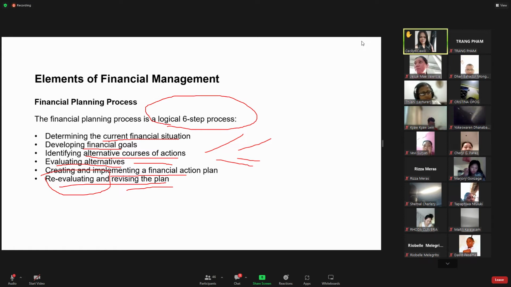After checking the financial situation, we develop the financial goals. Our goal is to become a medical center. After that, we identify all the actions that we need to do to become a medical center.